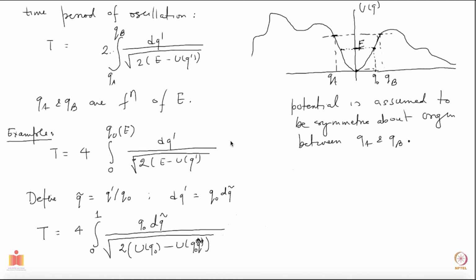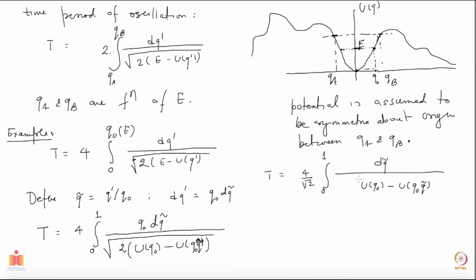I can write this as T equal to 4 over square root of 2, integral 0 to 1, dq tilde over U of q0 minus U of q0 q tilde.